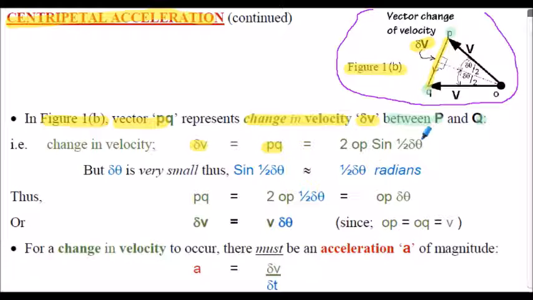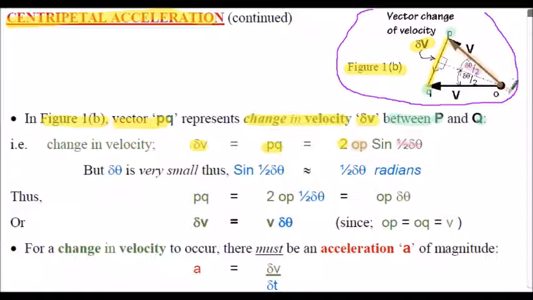And from the geometry, using basic trig, that would be twice vector OP, shown here, multiplied by the sine of a half delta theta. That's the angle shown here, half delta theta.